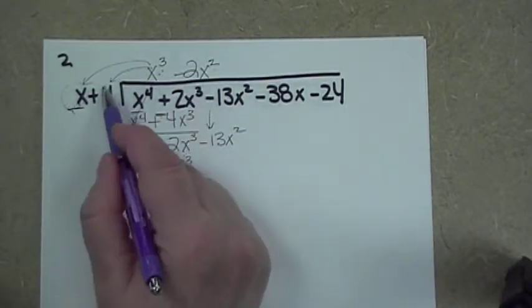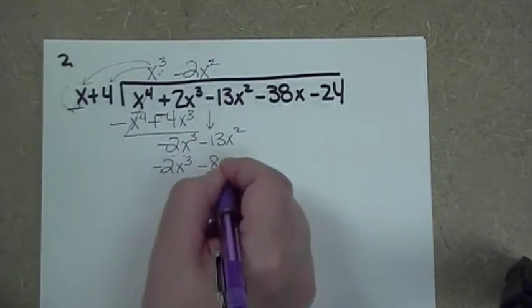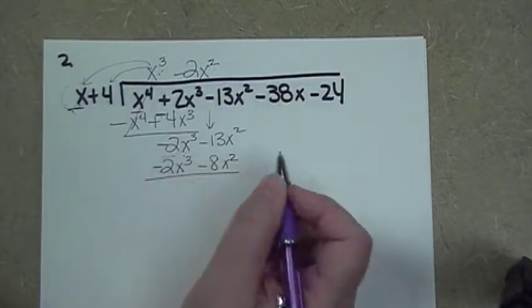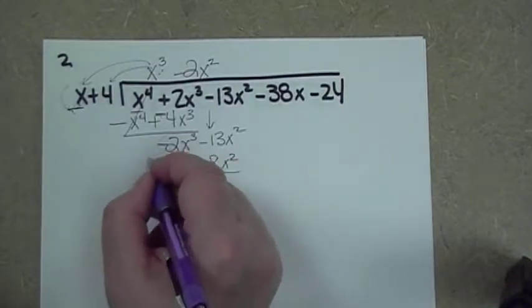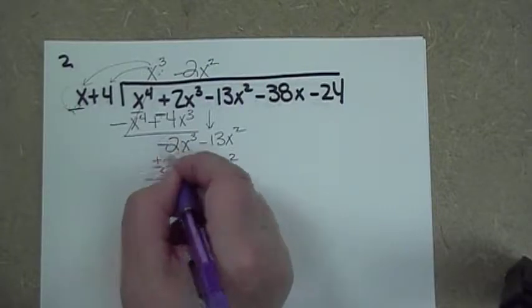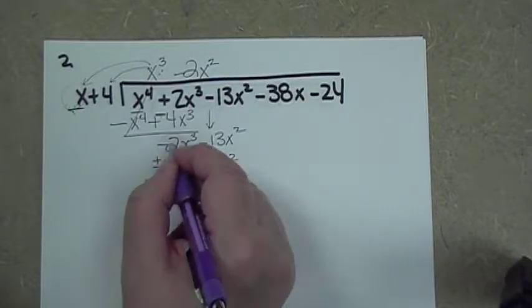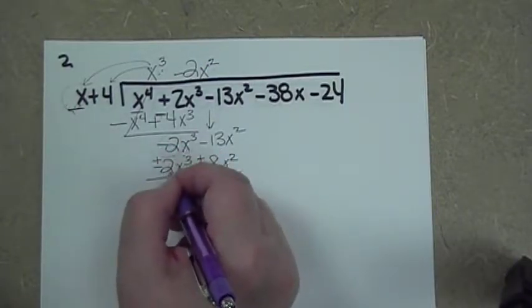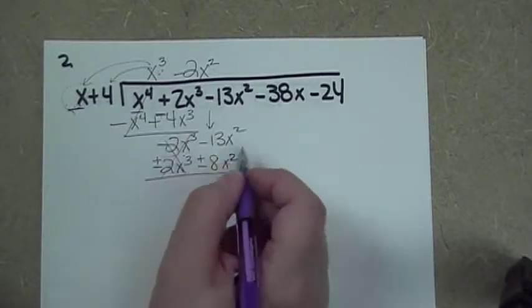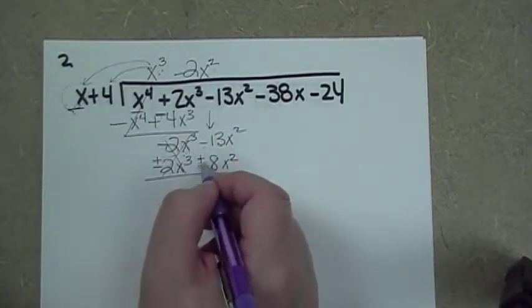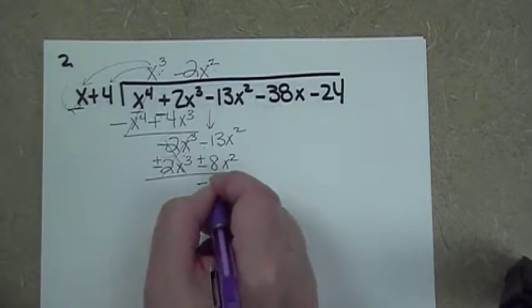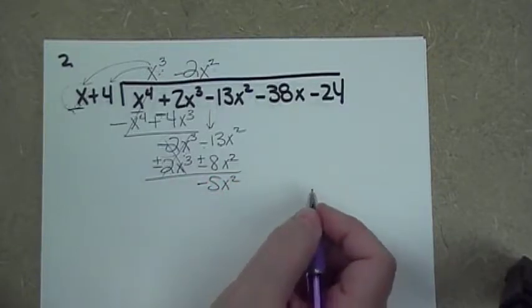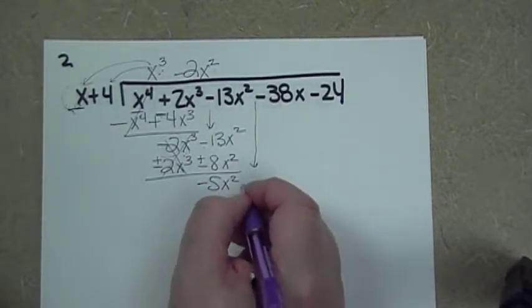Negative 2x squared times 4 is a negative 8x squared. You're subtracting them off, so this changes to plus, this one changes to plus. Negative 2 and a positive 2, that cancels out. Negative 13 and a positive 8 is a negative 5x squared. Bring down the next term.